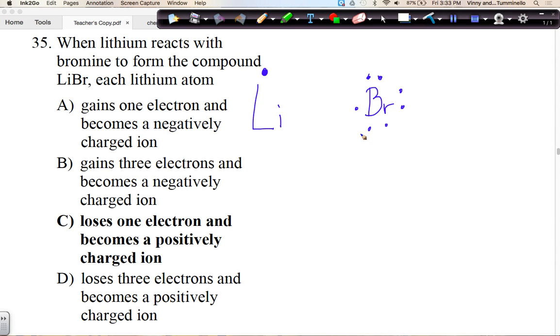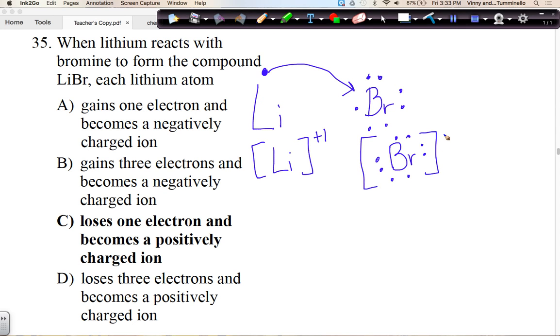So that means that bromine is going to gain an electron to go from 7 to 8. When lithium gives away its valence electron, its charge becomes a positive 1. And when bromine gains an electron, it now has its stable octet, and its charge is a negative 1.